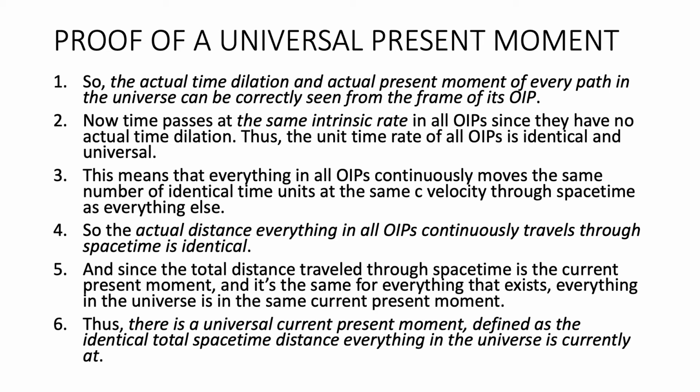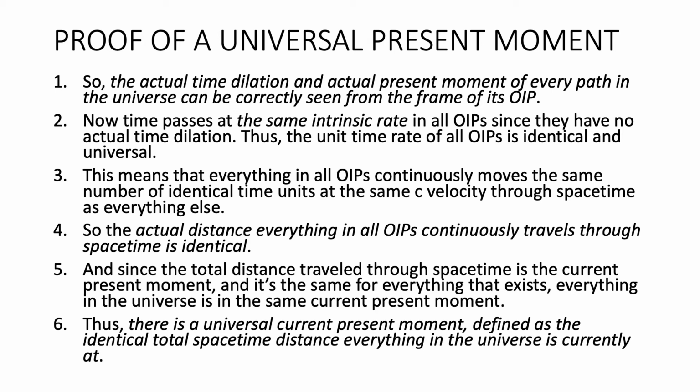Now time passes at the same intrinsic rate in all OIPs since they have no actual time dilation. Thus the unit time rate of all OIPs is identical and universal. This means that everything in all OIPs continuously moves the same number of identical time units at the same c velocity through space-time as everything else.